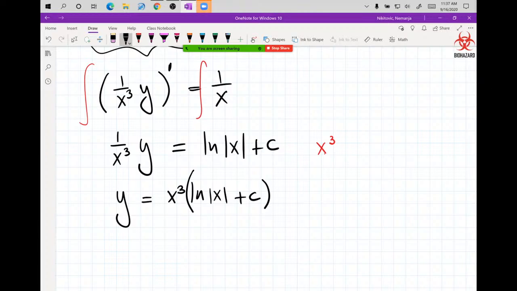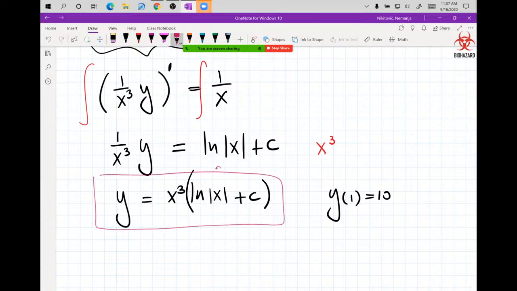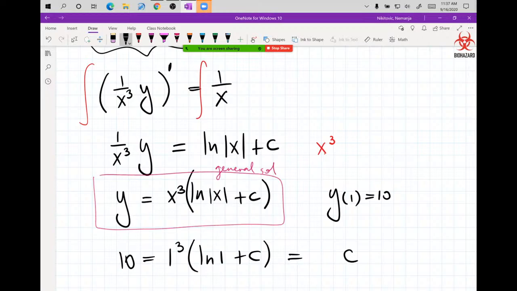We have a point in this problem. y of 1 is 10. So even though this is a general solution, we can find the particular solution when we say 10 is equal to 1 cubed ln 1 plus c. ln 1 is 0. So we have c equals 10.